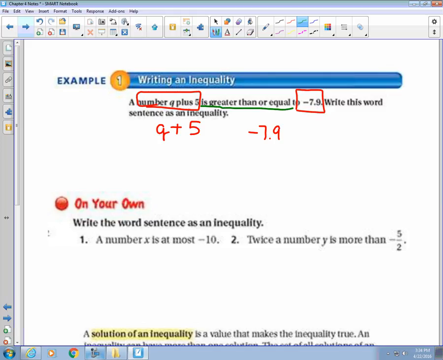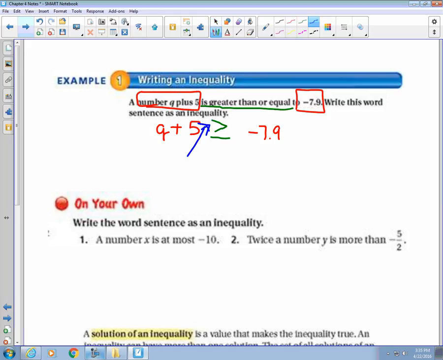Is greater than or equal to tells me that the symbol looks like this. Because this is a greater than or equal to symbol. How do I know this is a greater than or equal to symbol? The opening on the symbol, right? This is the opening side over here.